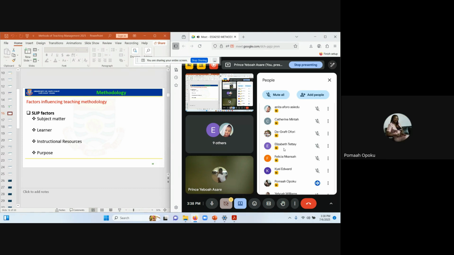Availability of instructional materials will also help with the methods that you are going to choose. So let availability link up to your message. If you are teaching something that requires practical things, like the mixtures that Madam Kate spoke about, the availability of materials you are going to use, let's say water, sand, the measuring cylinder and all that, will help you know the method you are going to use.